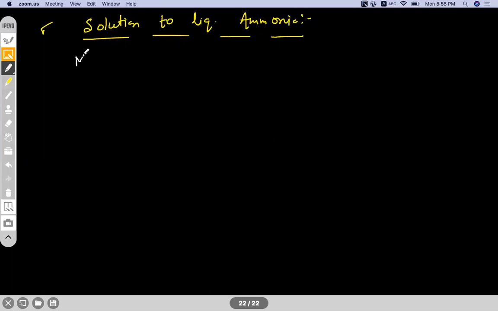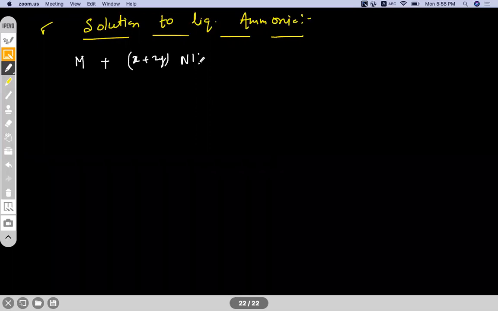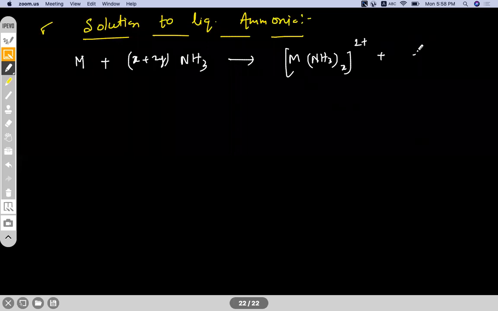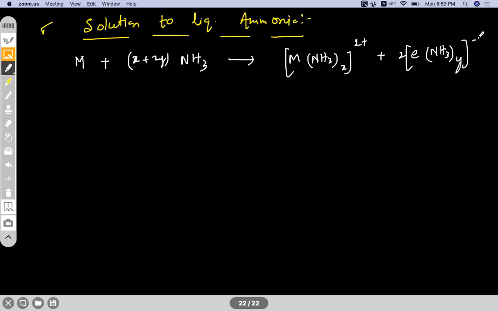So the reaction is metal, which is not beryllium obviously, M plus 2NH3 converts into M(NH3)2 2+ plus 2 electrons, which are surrounded by ammonia, and we call them solvated electrons, 2e-.